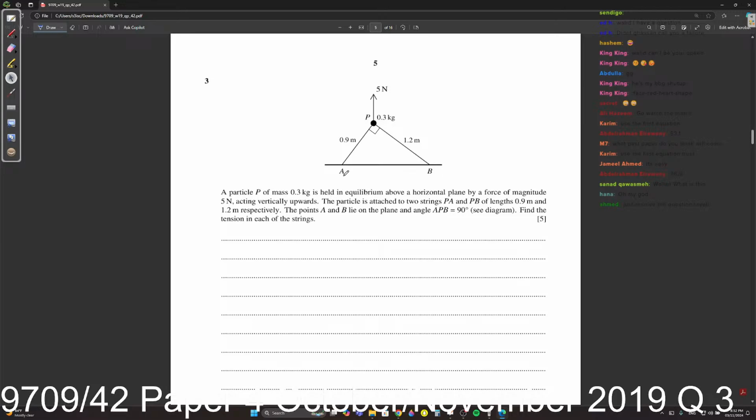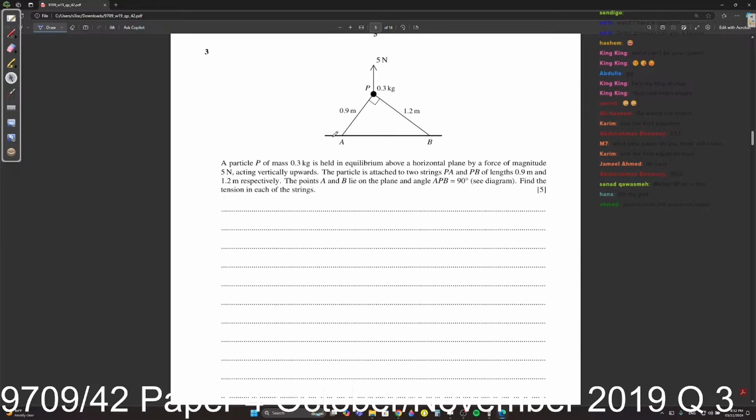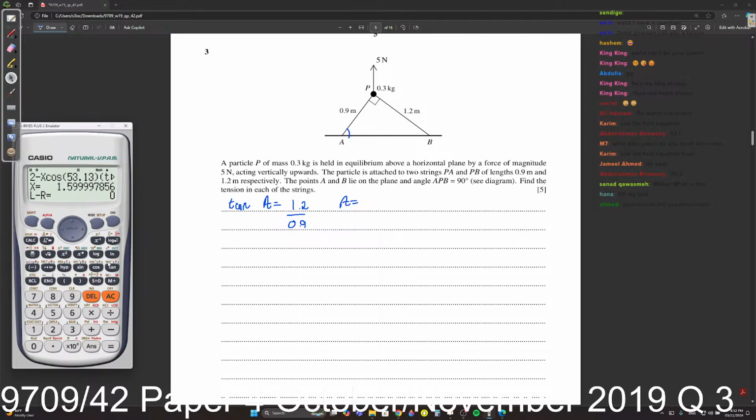I'm going to start by finding angle A and angle B. Tan of A is going to be opposite over adjacent. So A is going to be equal to shift tan 1.2 divided by 0.9.